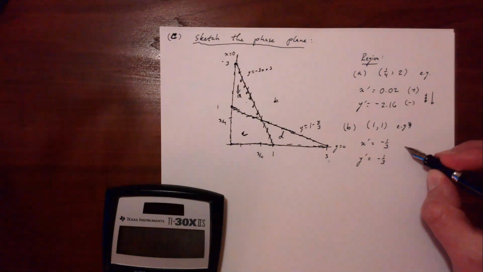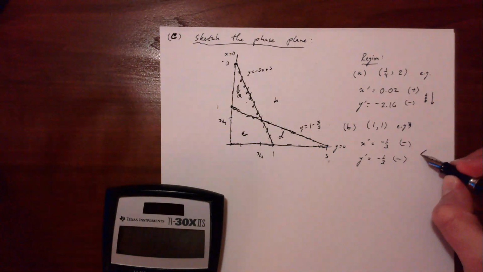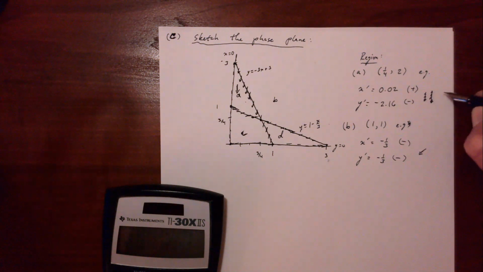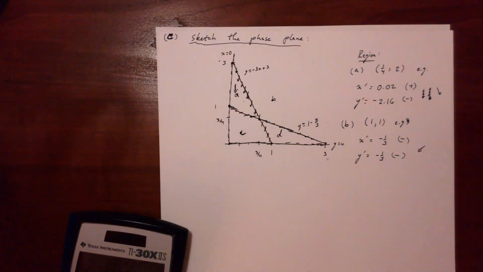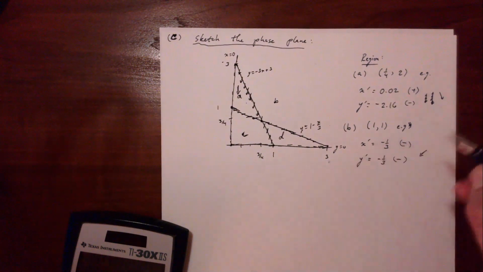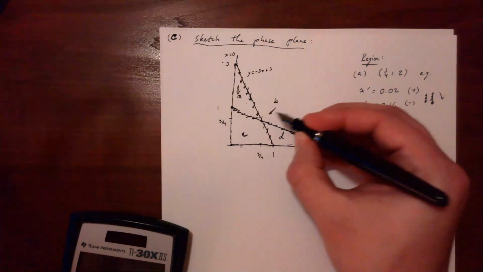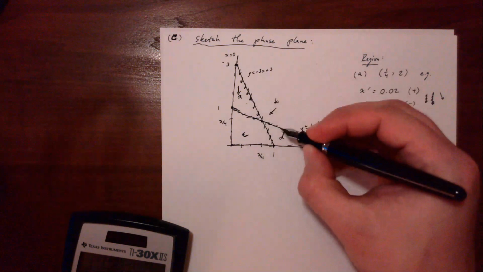So it's going to be negative and negative, and they're equally negative in both directions. Here, once again, basically vertical, but going ever so slightly to the right. So in this one we're talking about something that is going down that way, which matches these arrows.